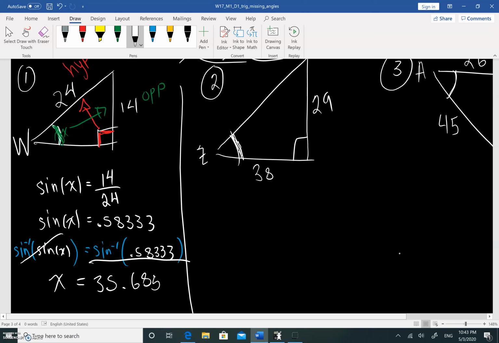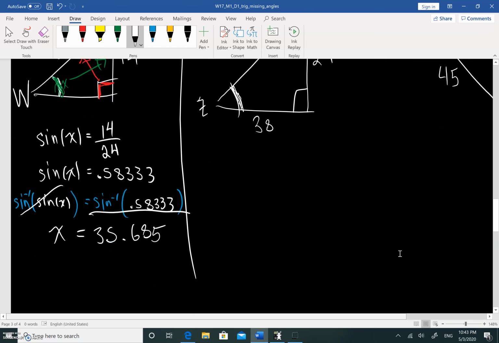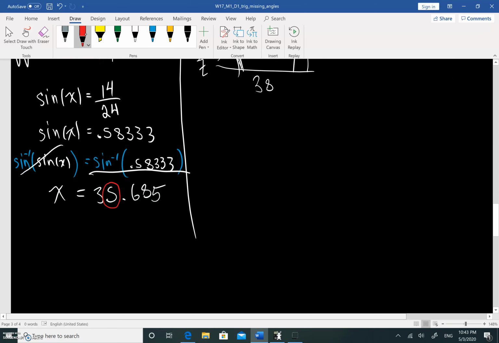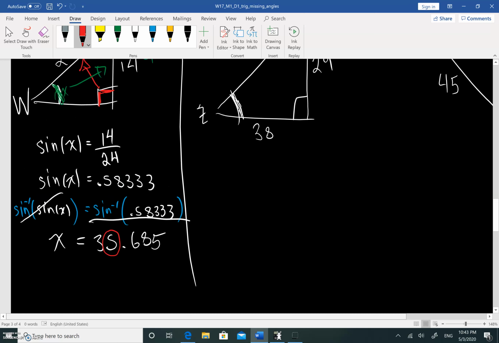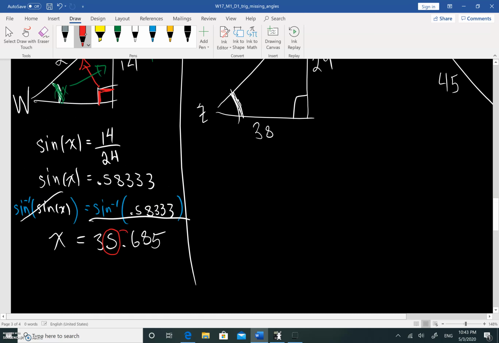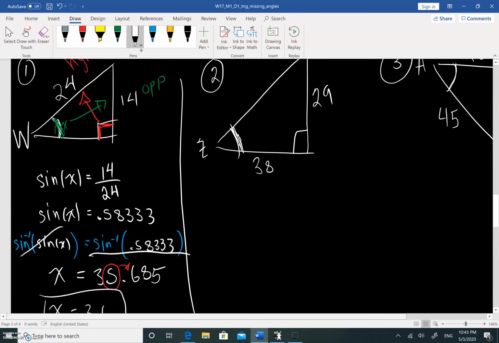Well, I'm only going to write the first 3 for this one, and then remember we're rounding it to the nearest degree. So I look at this number, and then go ahead and look at the number after it. That's going to be 6. Now, is that 5 or greater? Yes, it is. So that means that my answer is actually going to be x is equal to 36 degrees. Or you can just write x equal to 36. And that's it, you're done.